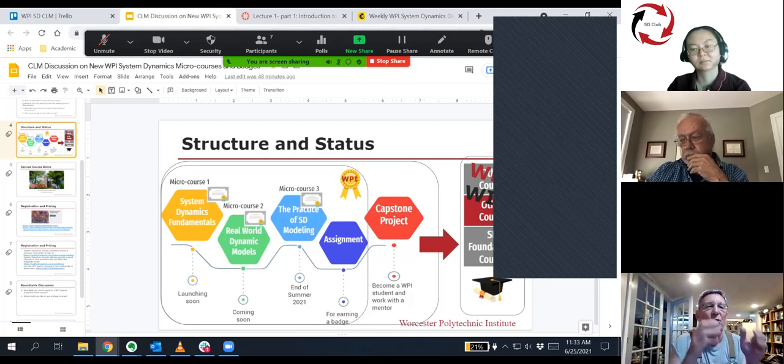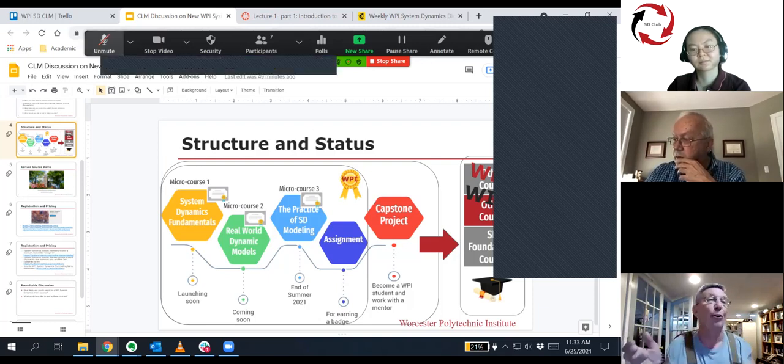So people won't necessarily sign up for courses because it's system dynamics, but rather they're interested in looking at economics or healthcare or whatever through a different lens. And they've heard that systems thinking is important, and they find us, and that attracts them to the program. So that's kind of the vision.